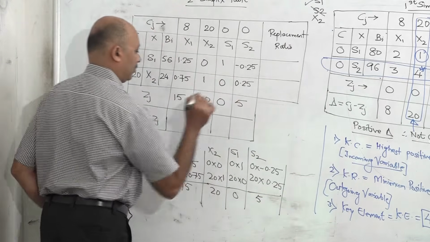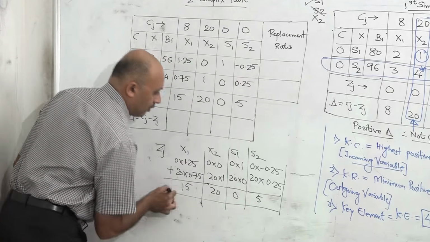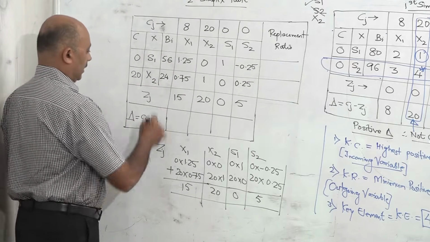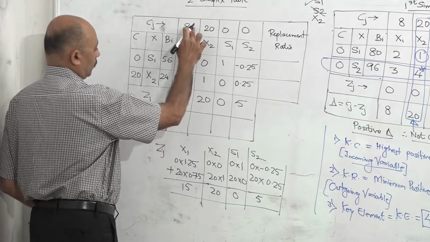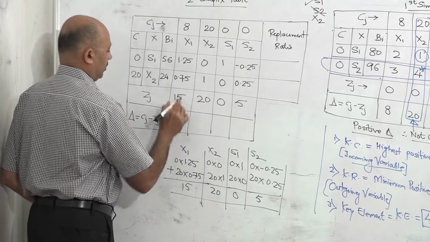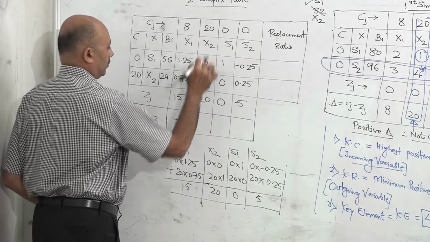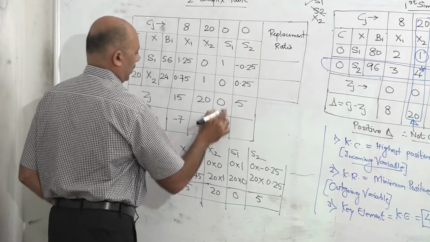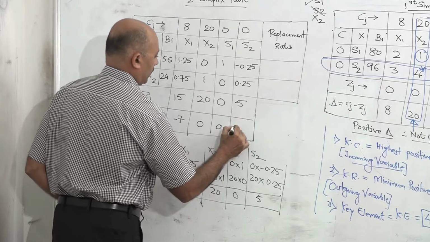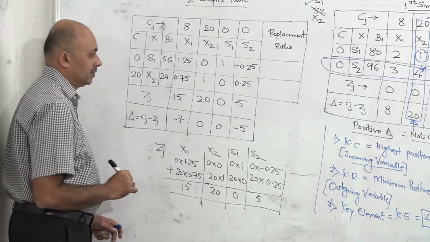So here Zj is 5. So this is the Zj calculation. And then we calculate delta. So first column Cj minus Zj, 8 minus 15 is minus 7, 20 minus 20 is 0, 0 minus 0 is 0, 0 minus 5 is minus 5.